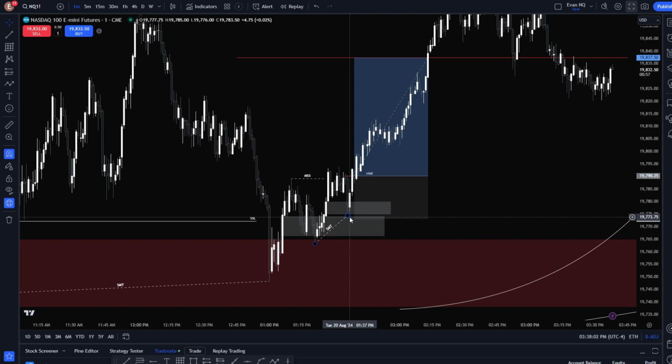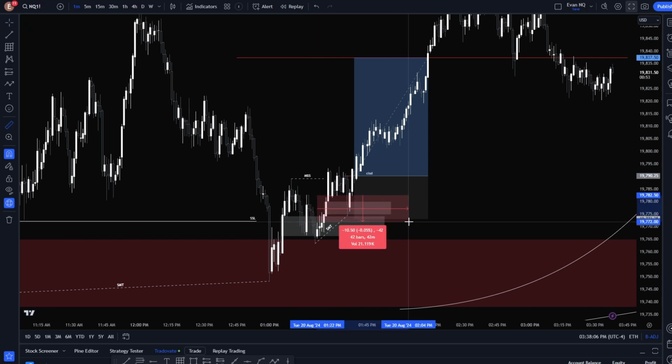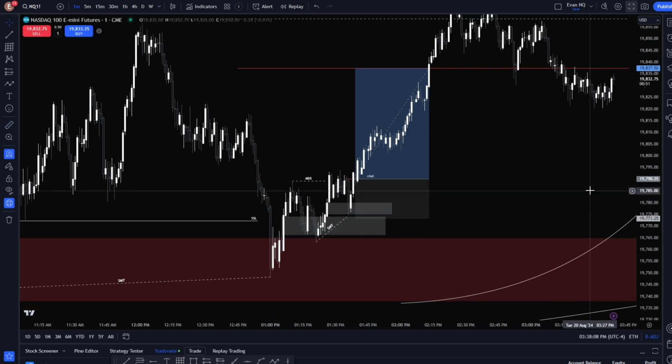Another SMT in a place where we expect to reject. So if you just put that into consideration: does it align with my daily bias? Is it in a place where we expect to reject? Is there a reason for us to manipulate? The probability of your trades will go through the roof.